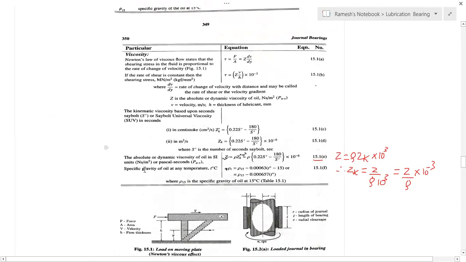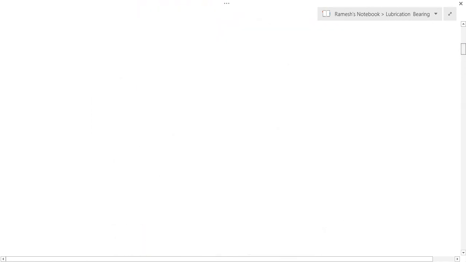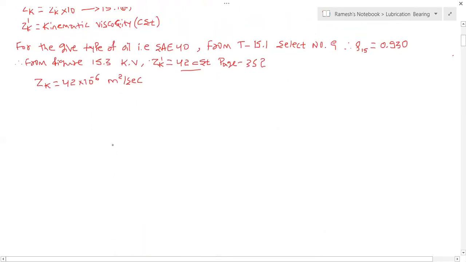The specific gravity of the oil at any temperature, that is rho T, is given by the specific gravity at 15 degrees Celsius, which we have already taken from the table, minus 0.00063 times operating temperature minus 15.